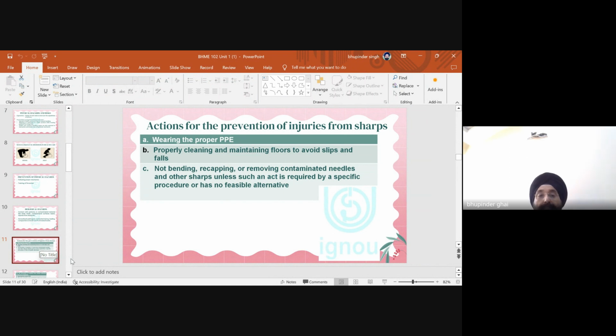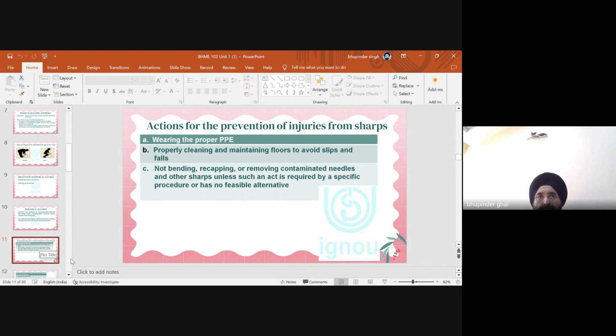And second is not bending, recapping, or removing contaminated needles and other sharps unless such an act is required by a specific procedure or has no feasible alternative. So, as you know, during injection, it is always advised that you don't recap the needle, don't bend the needle, and don't keep the needle unattended on the table or any other place.